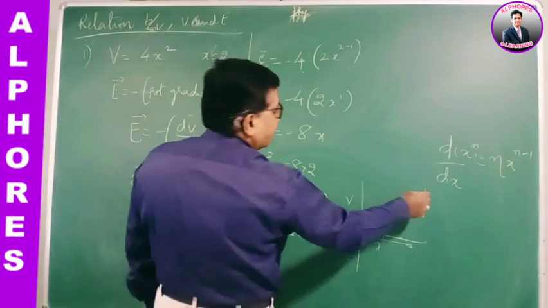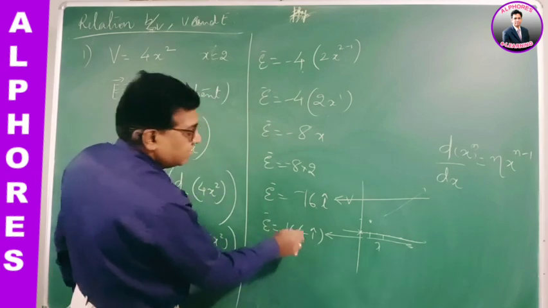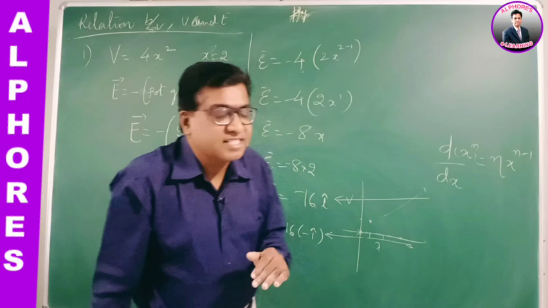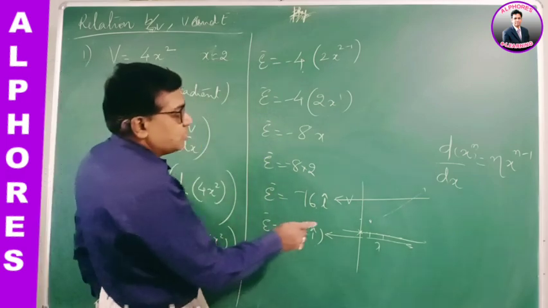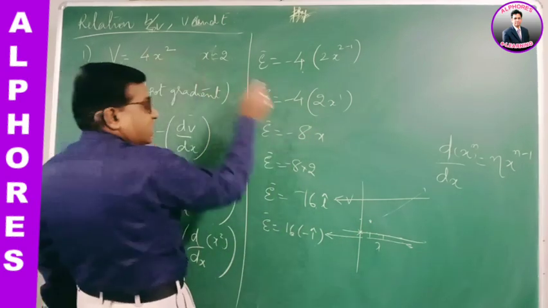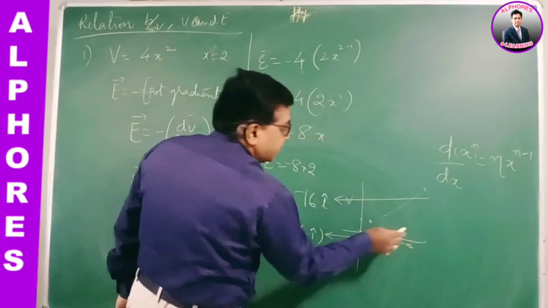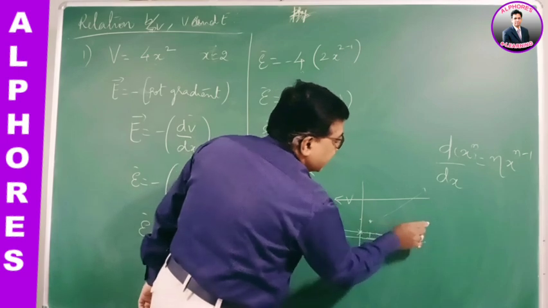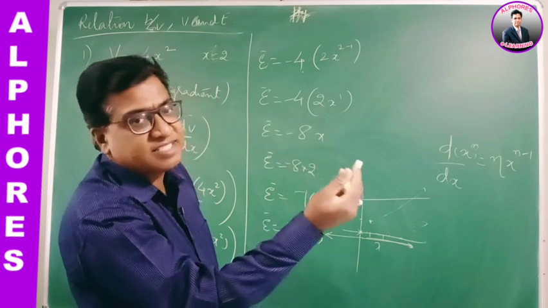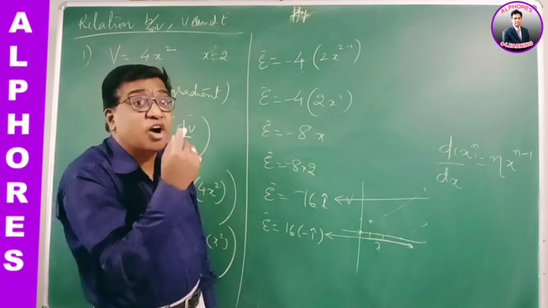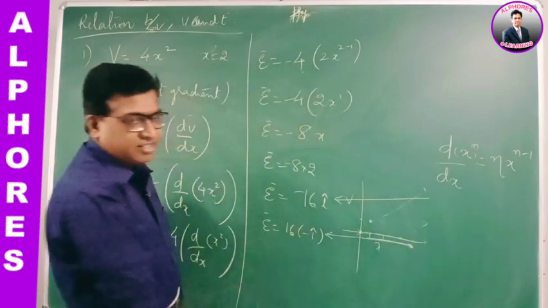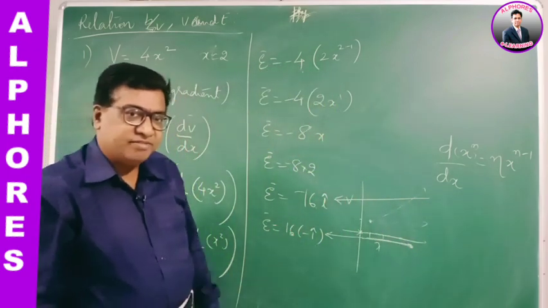Therefore the electric field is in the negative x direction. That is the reason it is minus i. In the direction of the field, potential decreases; in the opposite direction, it increases. So this is the opposite direction of the field, and the actual direction of the field is minus. So this way you can find out the field there.